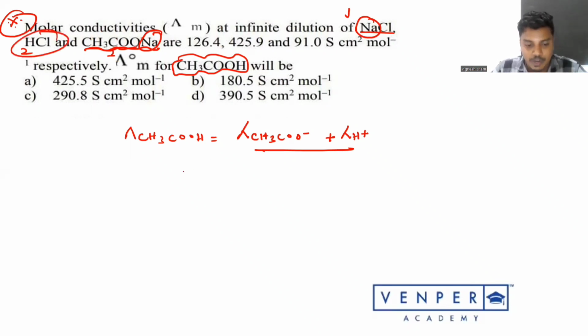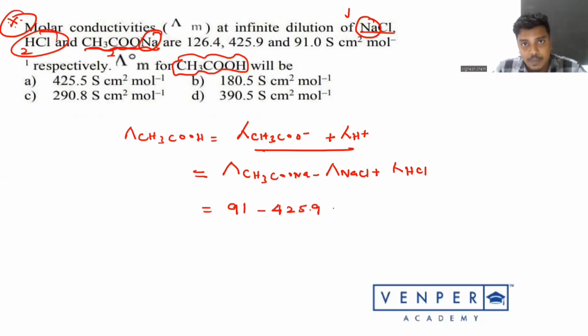What is the answer now? See, simple. I write it directly: lambda CH3COONa minus lambda NaCl plus lambda HCl. Now apply the formula. This is 91, minus the NaCl value, 429.5, plus 91.